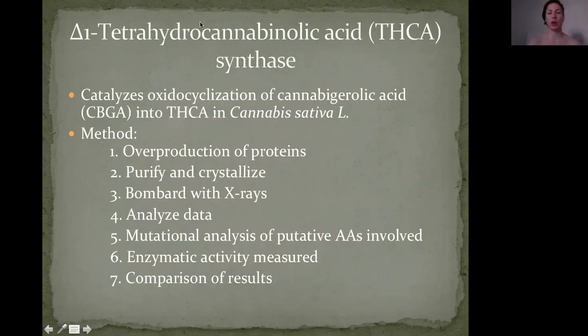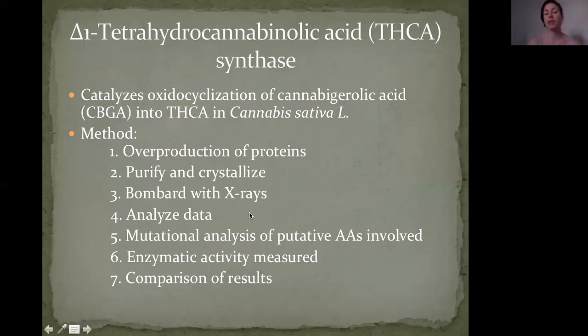through this group's work. They investigate the structure-function relationship of THCA synthase with the substrate. The substrate, of course, is cannabidiolic acid, which is the precursor to THCA in Cannabis sativa L. And the method that they used was first to overproduce these proteins in insect cells. They then purified and crystallized the proteins. They bombarded them with X-rays by using a technique called X-ray diffraction.